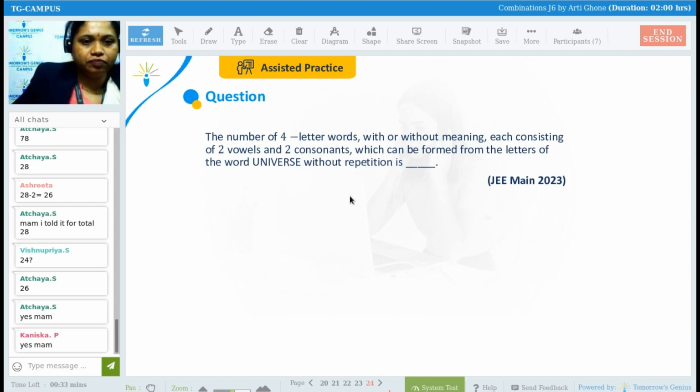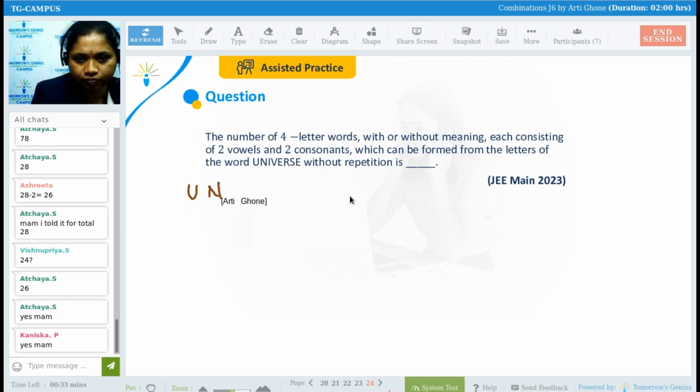Okay, pay attention. We don't have that much time. The number of four-letter words, with or without meaning, consisting of two vowels and two consonants. One more thing to remember: when to use combinations. We are provided with the letters of a word. How many letters are there in UNIVERSE? 1, 2, 3, 4, 5, 6, 7, 8.